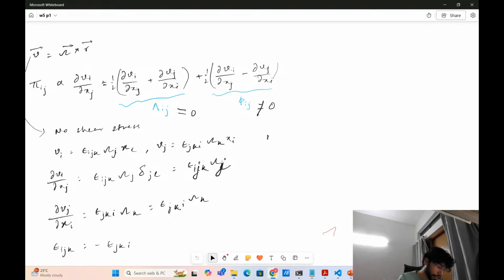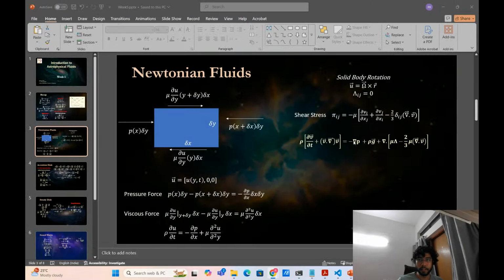Therefore we conclude from here that pi ij is equal to lambda ij, and not this phi part. This antisymmetric part is not considered in the shear stress. So that's what I meant over here. This was also derived in the lecture, and you can see the argument over there as well.